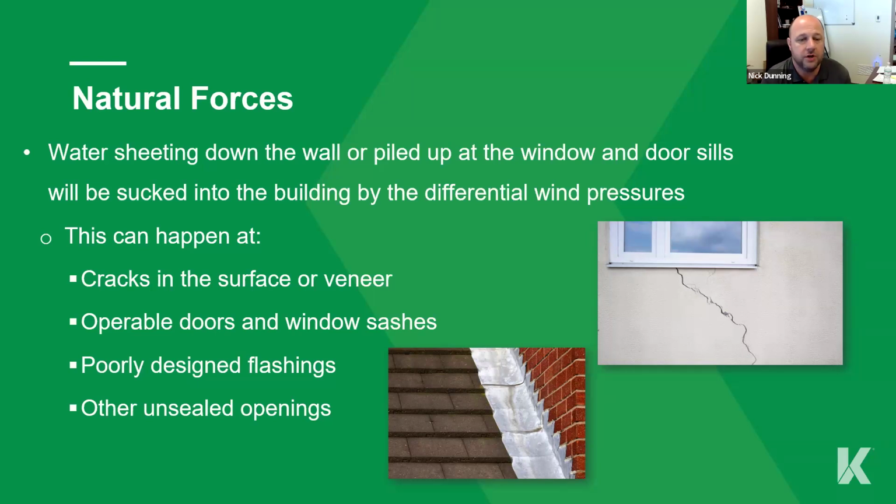But also window and door sashes, that comes up a lot. So window sash is your kind of movable part. What ends up happening a lot of times during storms, it sounds pretty trivial, people do not lock their doors.